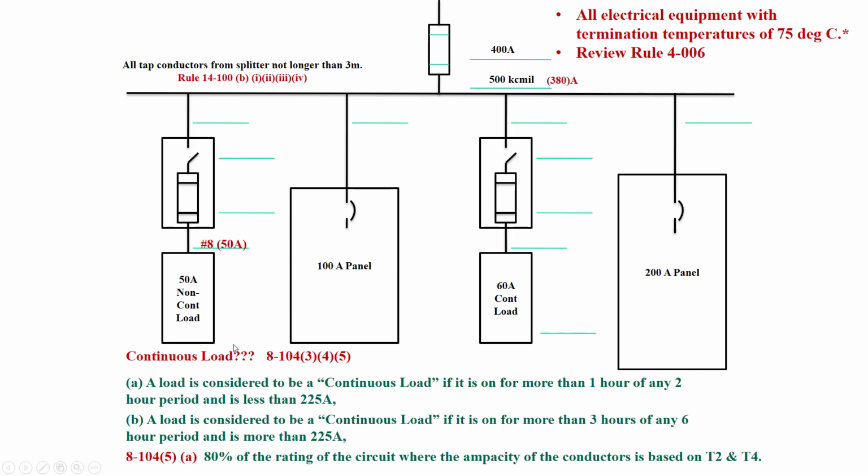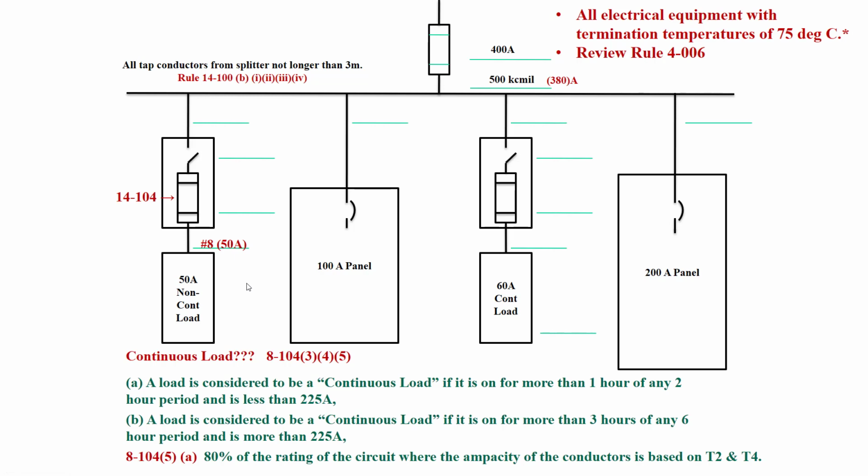All right. Now we need to protect this number 8 with a fuse right here. And so if we want to protect that number 8, we would look at rule 14-104. And I strongly urge you to go back and review 14-104.